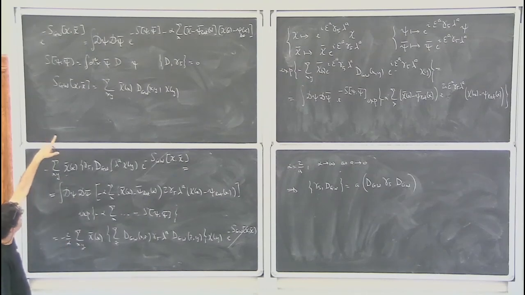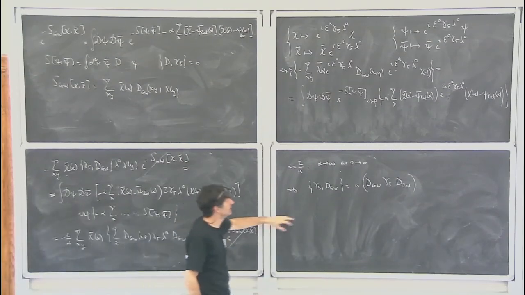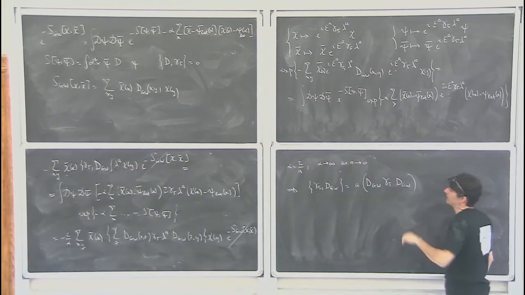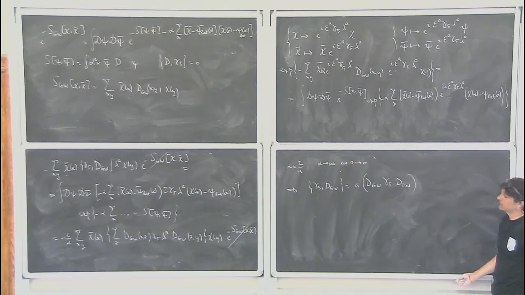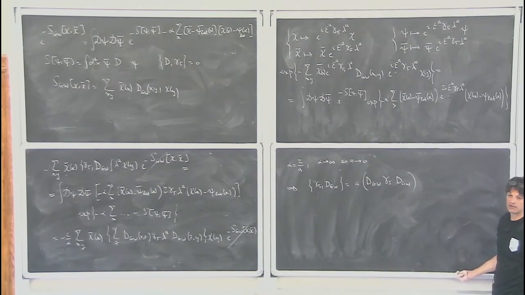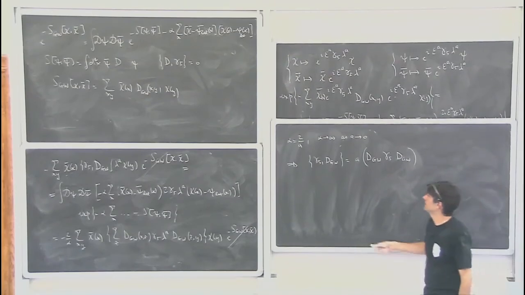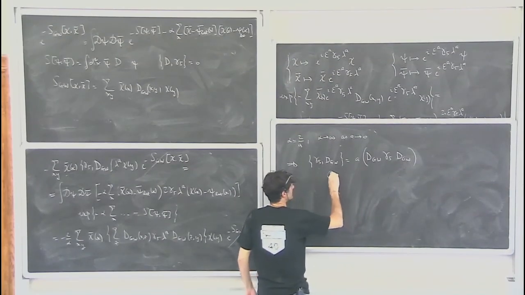And then you use these averaged, smeared fields to build a lattice action. Then this is somehow the minimal amount of symmetry breaking that you're going to get. So this is called the Ginsparg-Wilson relation.